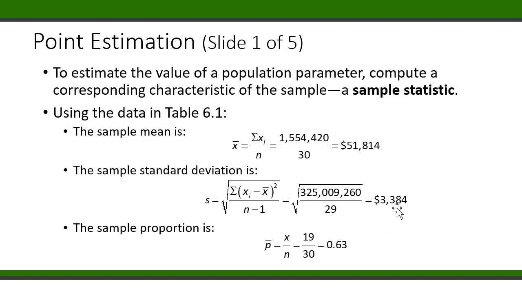So we see that that's 3,384. We could also then do a sample proportion. That's what I was showing earlier with the training program. Let's say out of our sample size of 30, we had 19, so that proportion is .63. How well does that approximate what the overall proportion is?